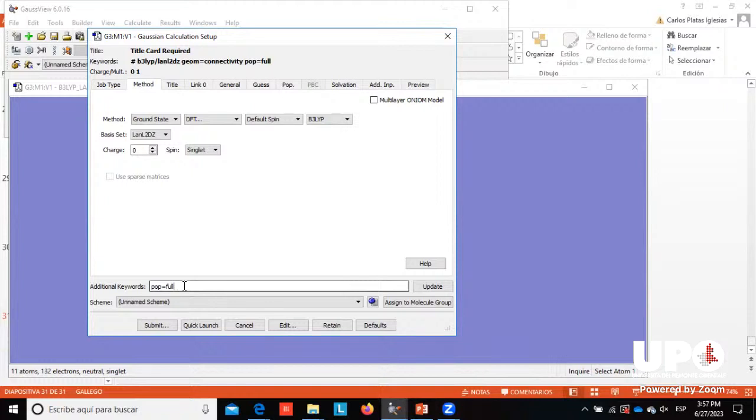That tells the program to perform a population analysis and to store in the CHK file the wave function that we need to visualize orbitals, okay?